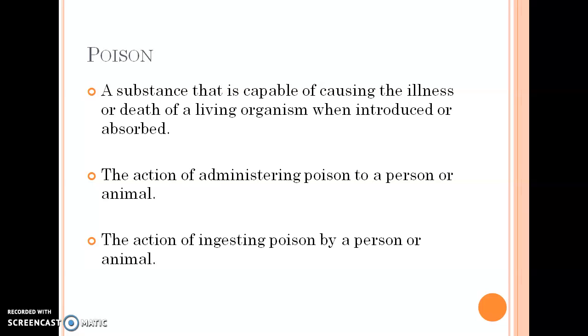Especially, poisoning is the action of administering poison to a person or animal. But actually this doesn't happen because poisons are not generally administered, but are ingested by mistake. So more specifically, the action of ingesting poison by a person or animal is to be called poisoning.